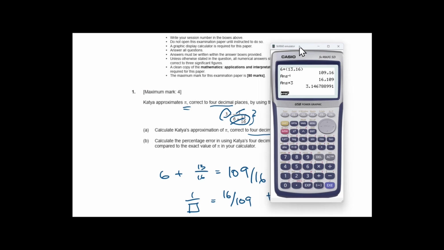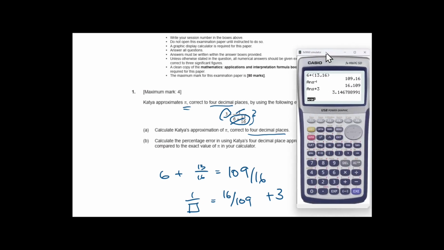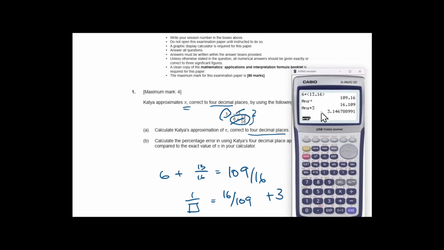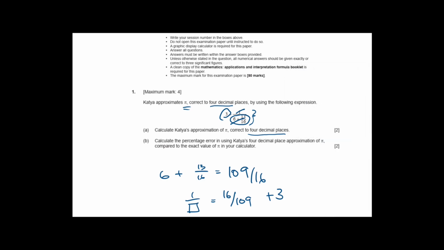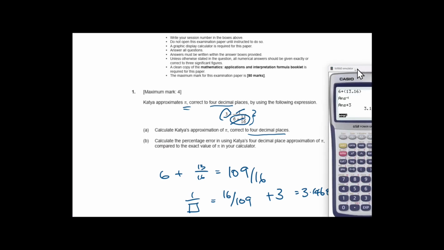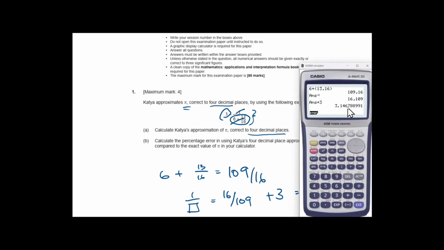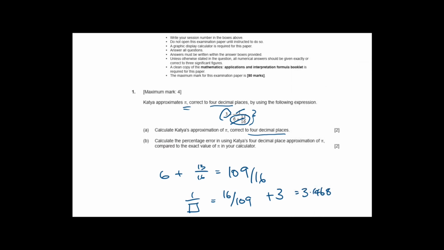So pretty good. This weird thing here gives a pretty good answer, 3.1468. Again, we rounded it. They want it to 4 decimal places. 1, 2, 3, 4. So that one's going to be rounded to 4 decimal places.